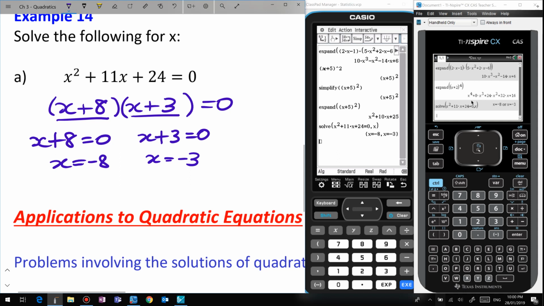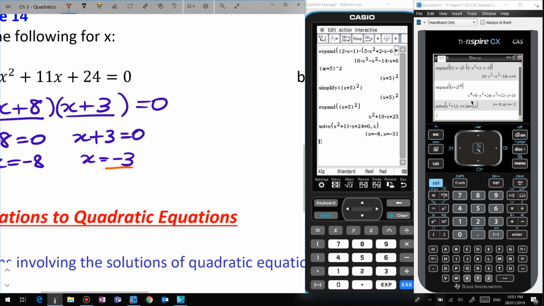If I was to put negative 8 back into this equation, I'd get negative 8 plus 8, that's 0. 0 times anything is 0. If I was to put negative 3 back into the equation, I get negative 3 here, plus 8 is 5. But if I put negative 3 here, negative 3 plus 3 is 0, so the whole side has to equal 0. That's called the null factor law.